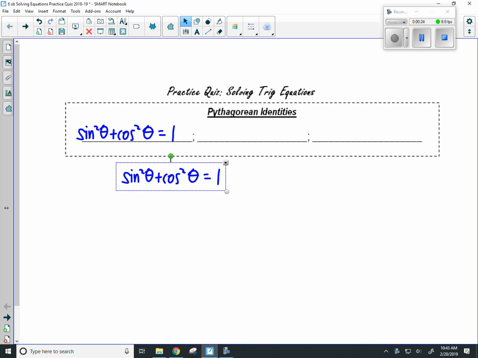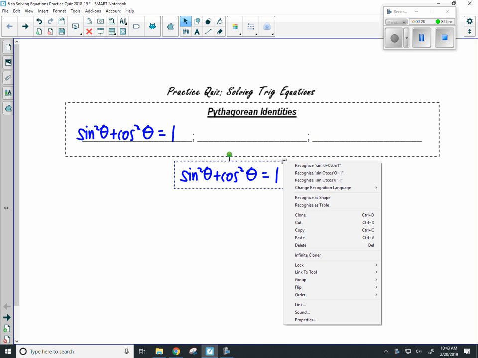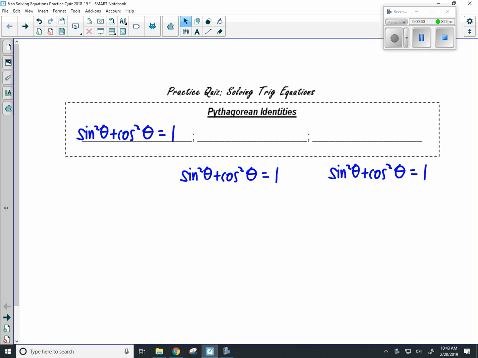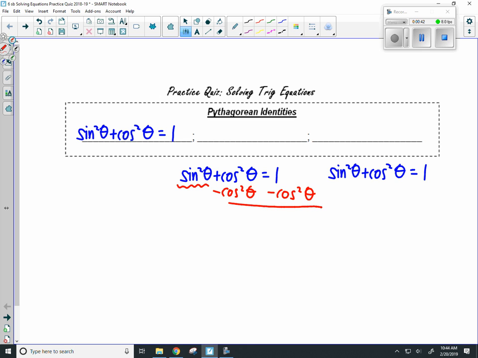And the other two forms of that equation come from just taking the original equation and isolating different terms. So, for example, if I want to get sine squared by itself, I'm going to subtract cosine squared from both sides, which will leave you with sine squared theta is equal to 1 minus cosine squared theta.